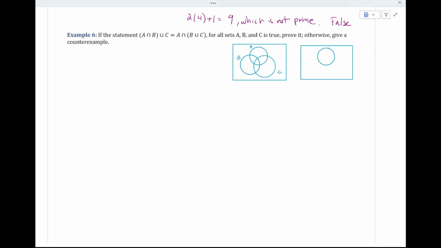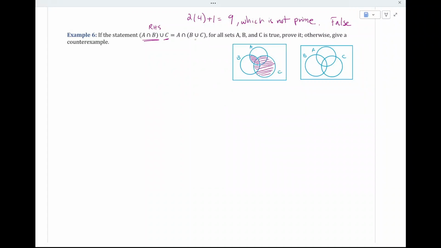Here's A and B and C. All right, so we'll work on the right hand side first. A intersect B is this piece right here. And I want to union that with C. So this is C. So I'm looking at all of C plus this little bit where A and B are intersected. That's the piece that I'm looking at.